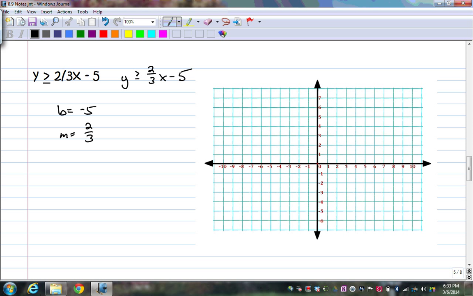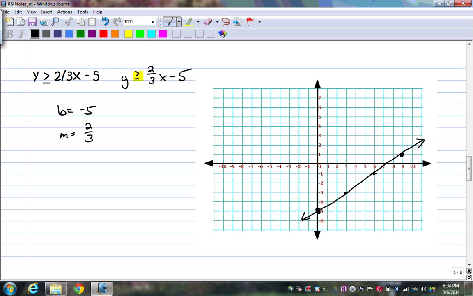So I'm going to go to negative 5, make a point, and then my slope is up 2 and to the right 3, up 2 and to the right 3, up 2 and to the right 3. Now, when I fill this one in, it's going to be a solid line because this is a greater than or equal to. So I'm going to draw a solid line because solutions can be on this line, but they're also going to be in a shaded region.